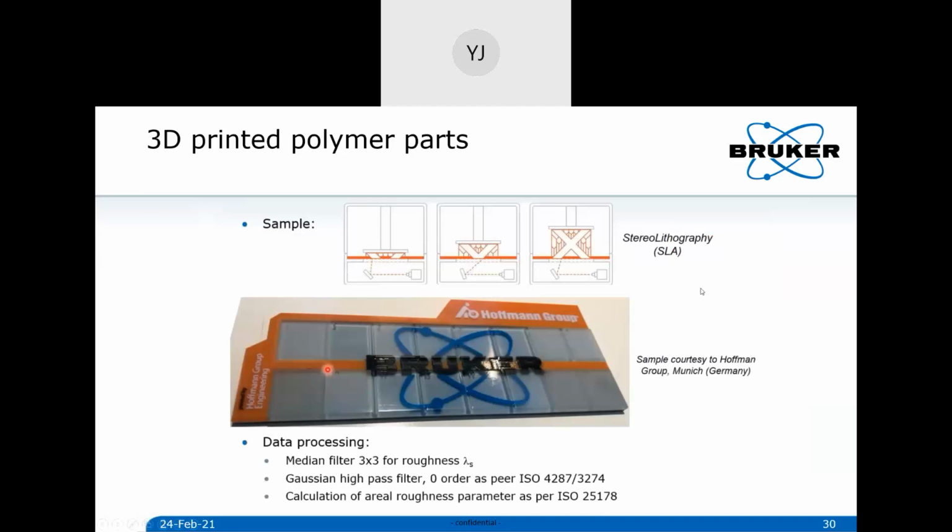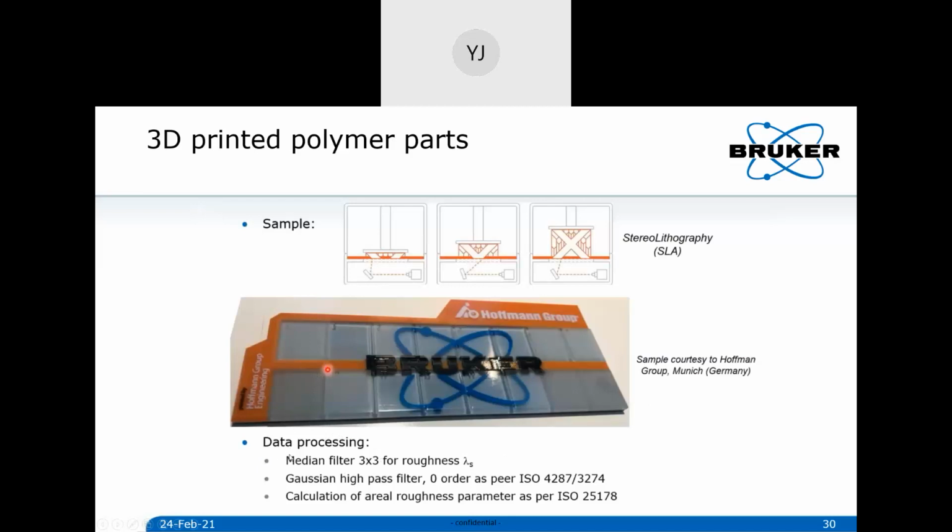To give a little bit of an example, here we have this sample that's prepared specially for us by Hoffman Group, made using a stereolithography technique, right? Basically each block is going through different processing. Each square you see has gone through different processing steps.